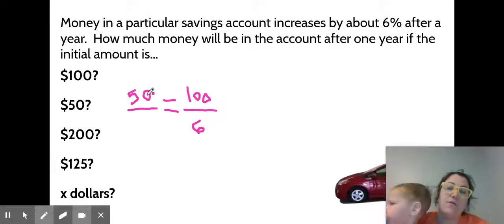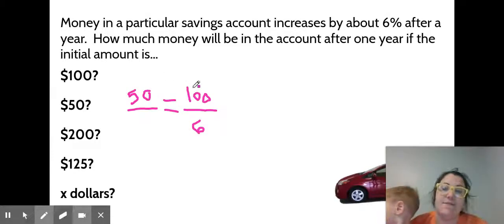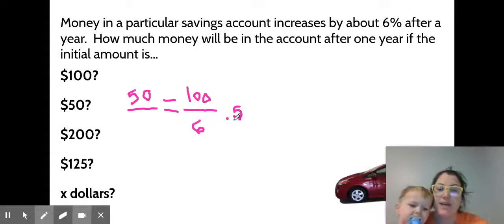Okay, so to solve it, we're going to do 50 divided by 100. You should get 0.5. Then we're going to take this number and multiply it by 6, and you should get 3.